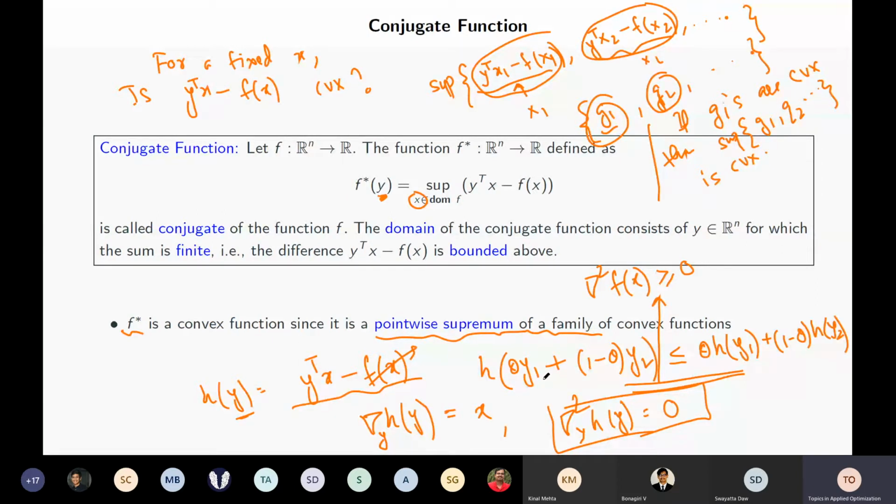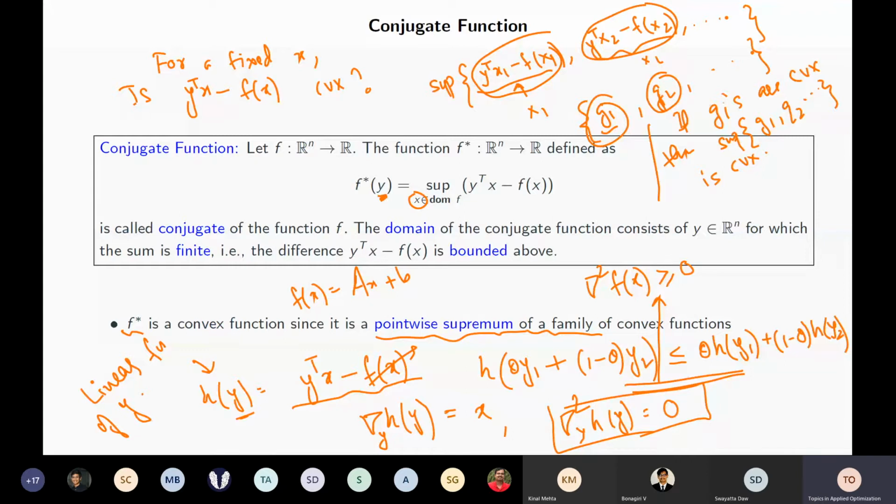It is linear in y. We have proved before that all linear functions can be written in the form ax plus b, and they are convex. So this is something we know.